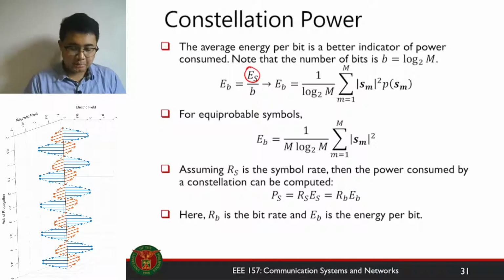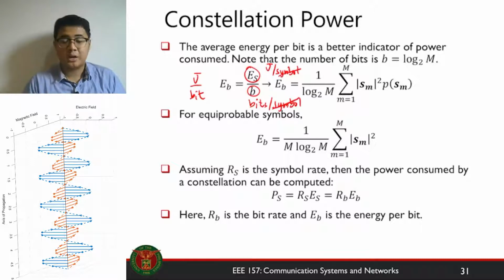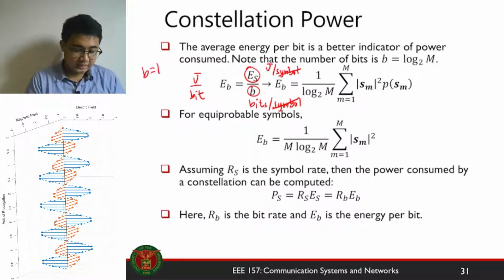This is the energy per bit, so this is in joules per bit. The energy per symbol will be in joules per symbol, and the number of bits B here is the number of bits per symbol. If you perform dimensional analysis, the symbols will cancel out, leaving you with the units joules per bit. And if you substitute that, we know that B here is the logarithm of m base 2.